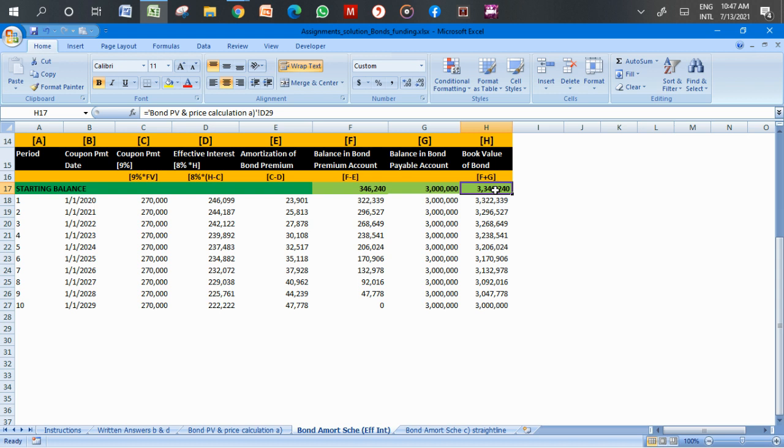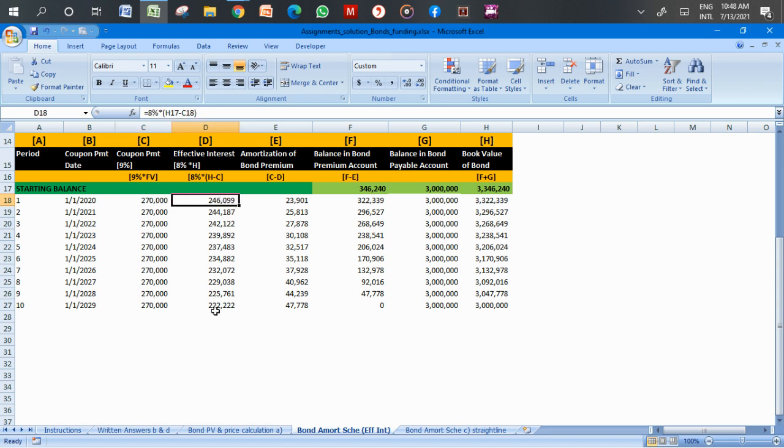Because it's an annuity due, before we calculate interest in this column, we have to subtract the payment. We charge interest after subtracting the payment because it's an annuity due, or we are paying the coupons in advance. So our formula here, as you can see from the formula bar, is 8% multiplied by 817, which is our initial book value of the bond, then minus C18. C18 is our coupon payment. So that is our formula here.